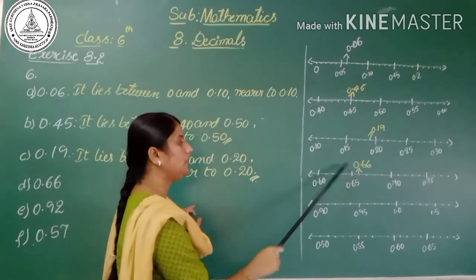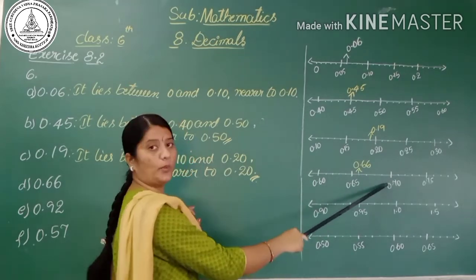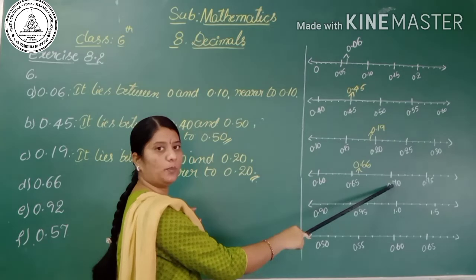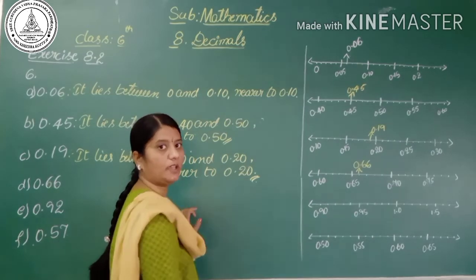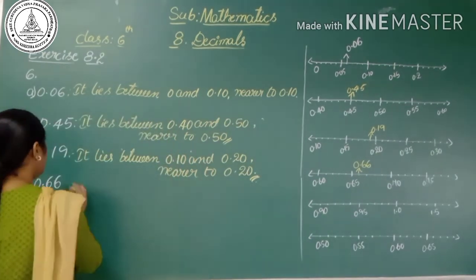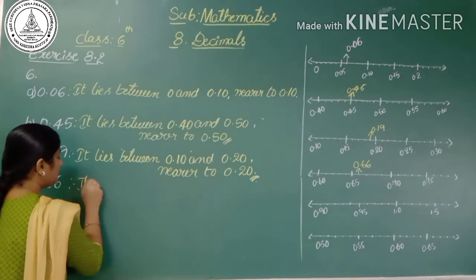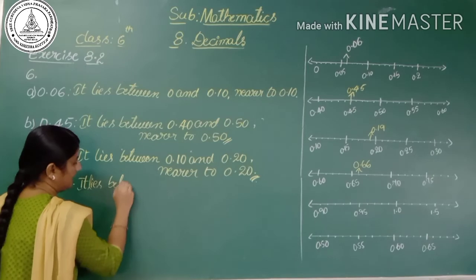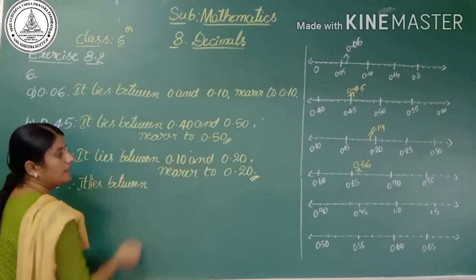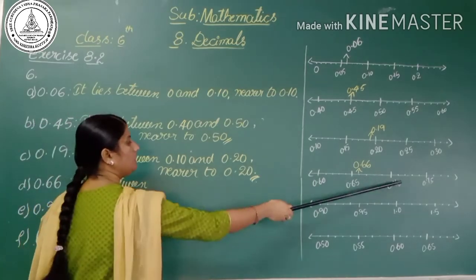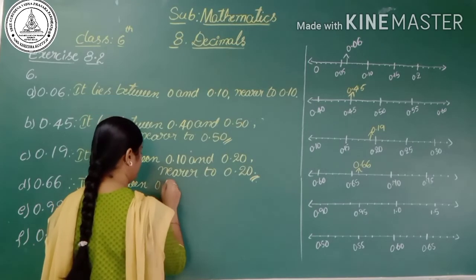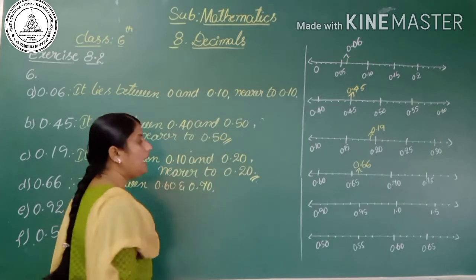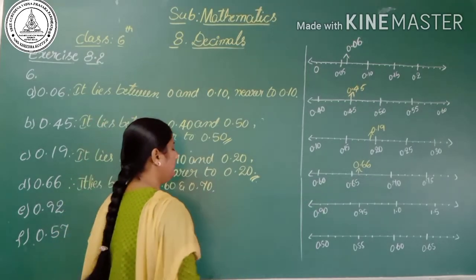The number lies between 0.60 and 0.70, and this number is near to 0.70. Yes, write it here: it lies between 0.60 and 0.70, comma, and it is nearer to 0.70.